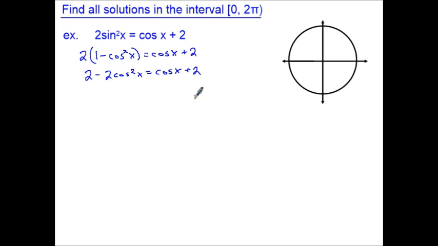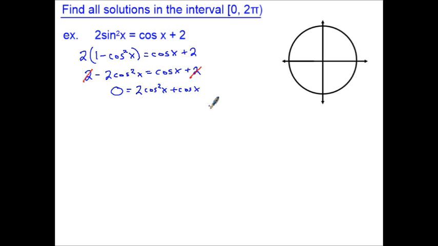Okay, now a couple convenient things happen here. One is I can cancel out the two 2's. Basically subtract 2 from both sides, and those two just go away. Now I've got negative 2 cosine squared equals cosine. So I'm going to move this to the right side of the equation and get 0 equals 2 cosine squared plus cosine.